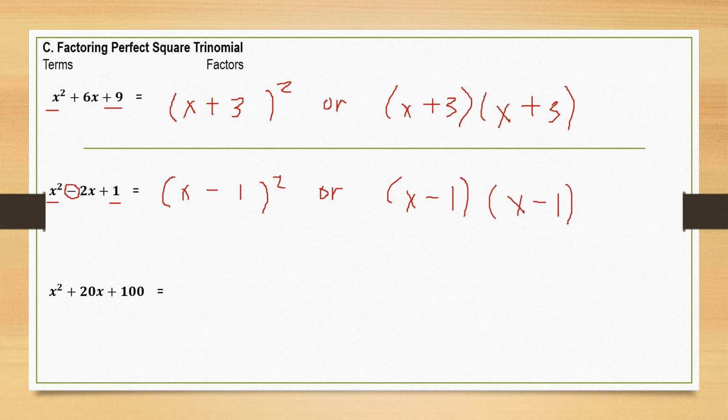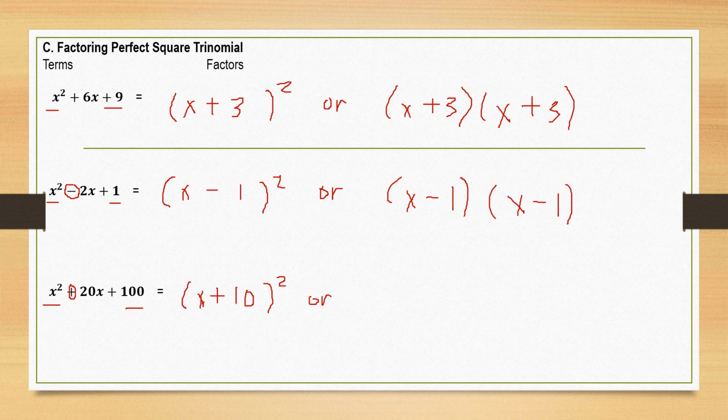Next, we have x squared plus 20x plus 100. Again, it is a perfect square trinomial. The factors are simply the square of a binomial. So the square root of x squared is x. The square root of 100 is 10. Based on the given sign of the middle term, this is positive.